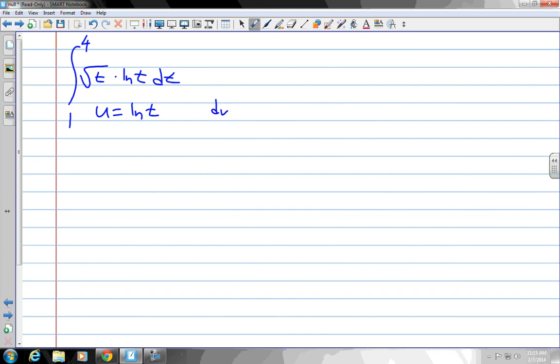Then dv will be t to the 1/2 dt, because we're going to integrate it separately. So du is 1 over t dt. And v, you just have to integrate t to the 1/2, so it becomes t to the 3/2 times 2/3 by the power rule.